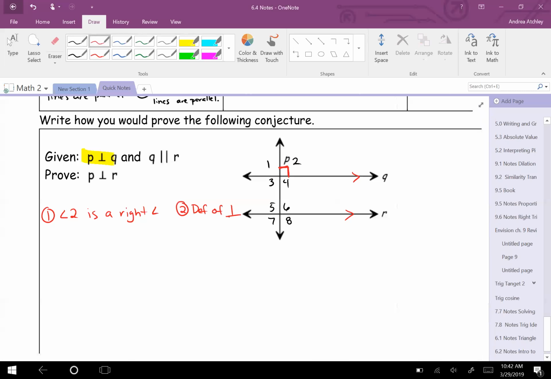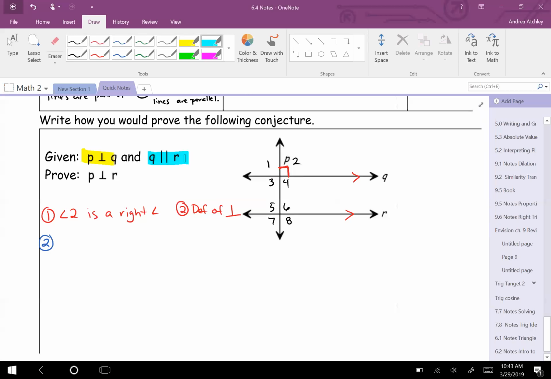Okay, step 2, I want to say something about the parallel lines. Because they're parallel, what other angle is going to be a right angle? 6.